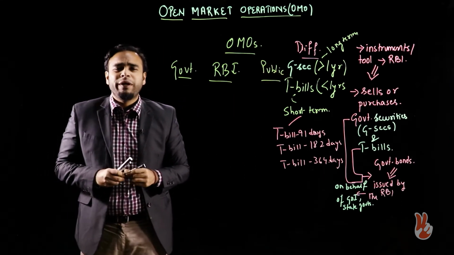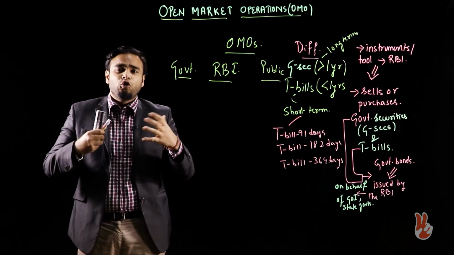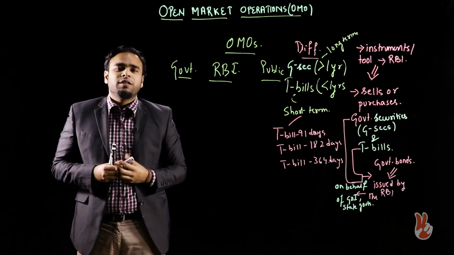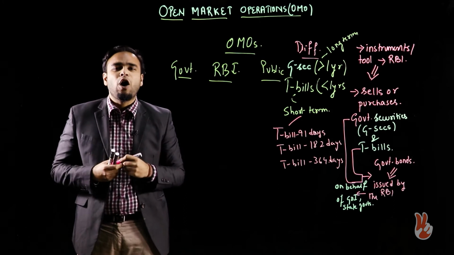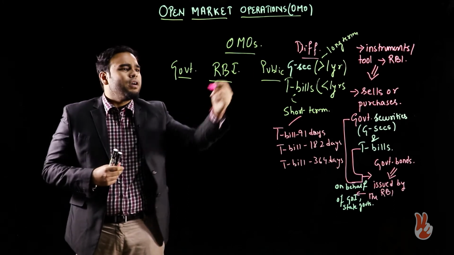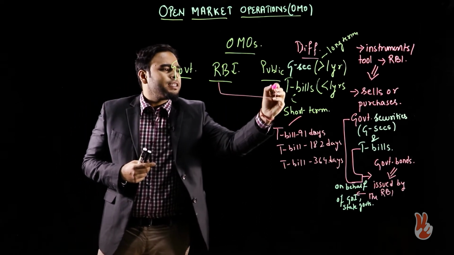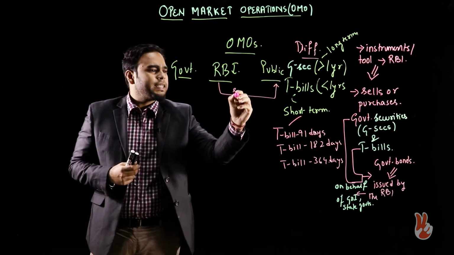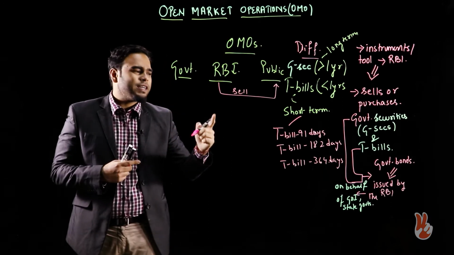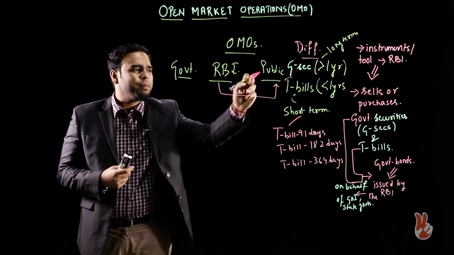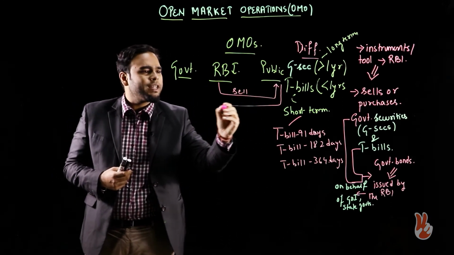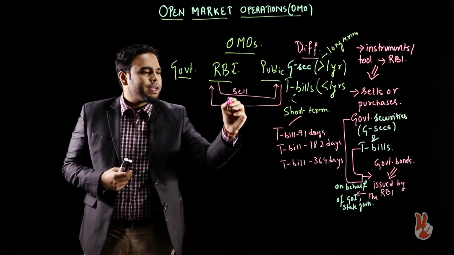So if the government, in order to do expenditure, what will it want? It will want money. Now how the government will get money? So what RBI does here is that RBI in this case will try to sell government securities, G-Secs or T-bills to the public, and in turn the public will give money to the RBI.